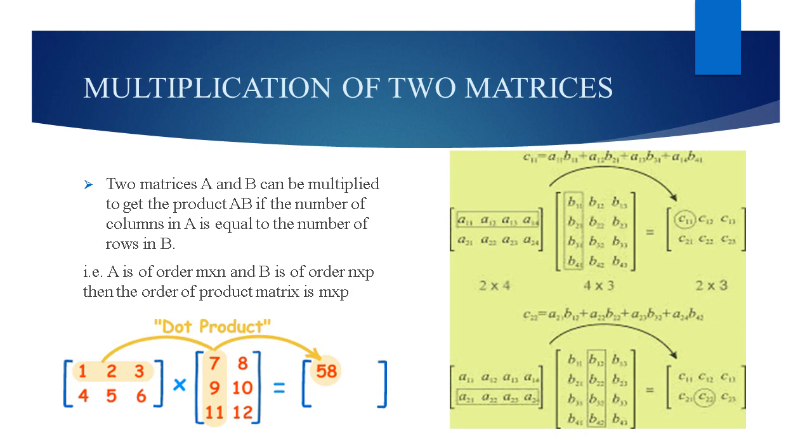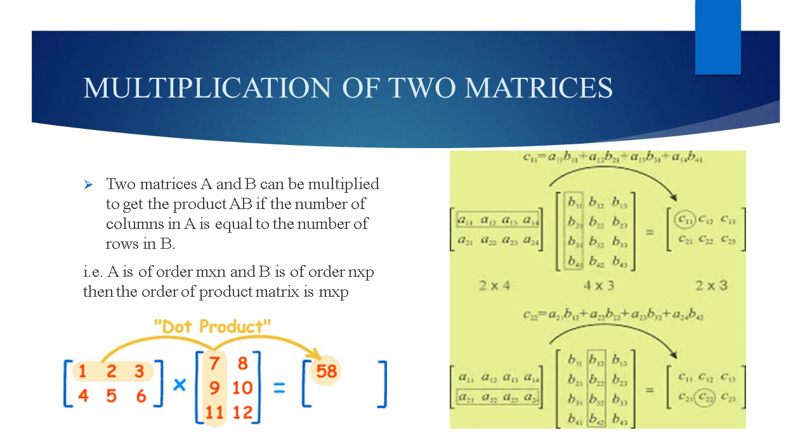Then first row will be multiplied with second column, then you will get C12. Then first row will be multiplied with third column, then you will get C13. Then second row will be multiplied with first column to get the result C21. Second row will be multiplied with second column to get C22. Second row will be multiplied with column 3 to get the result C23.